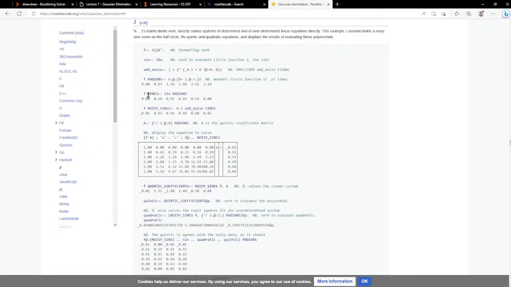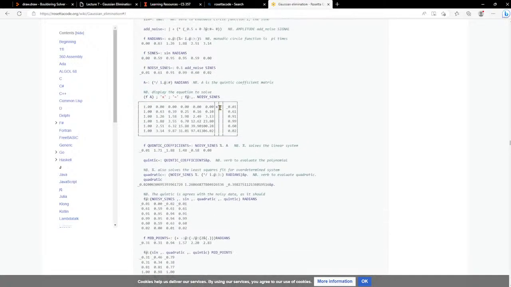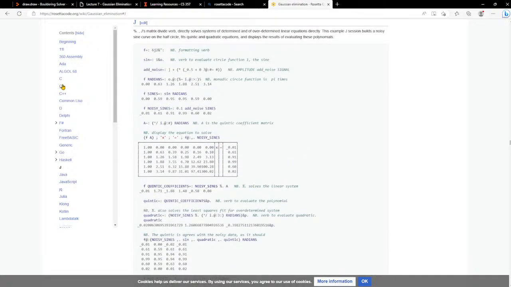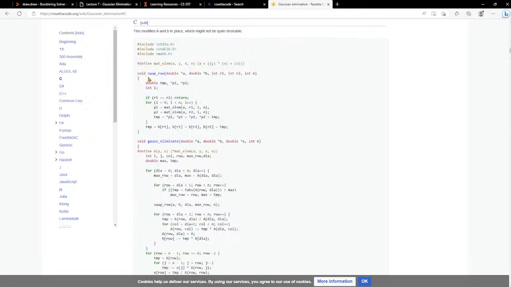What does the J implementation look like? Man, J programmers are a different breed. Anyway, swap row, blah, blah, R1, R2, and... Okay.